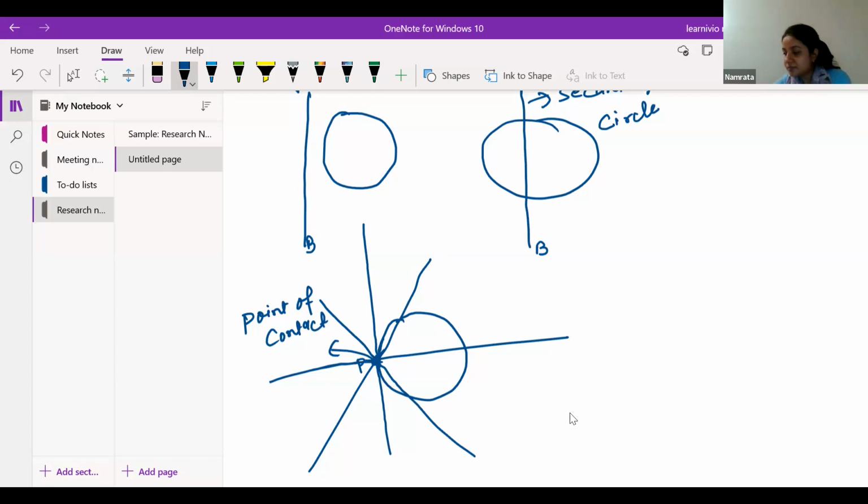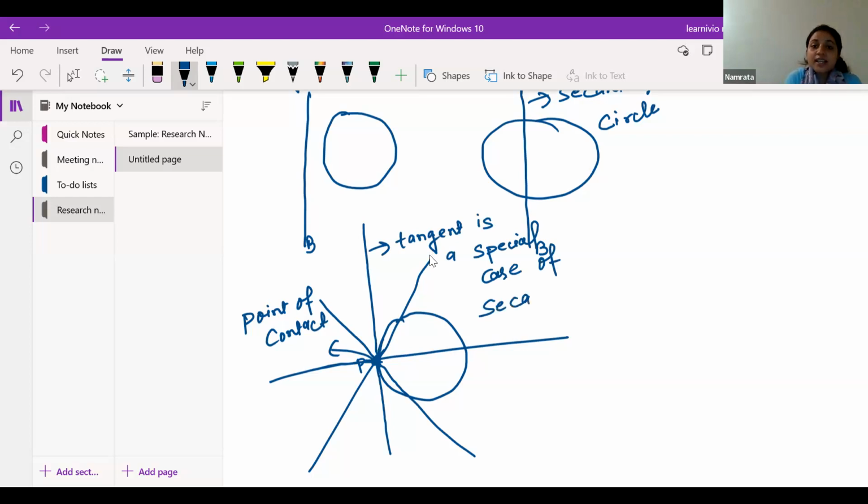And here we can also say tangent is a special case of secant. Again, secant means a line which is cutting the circle. So tangent is one special case of a secant line.